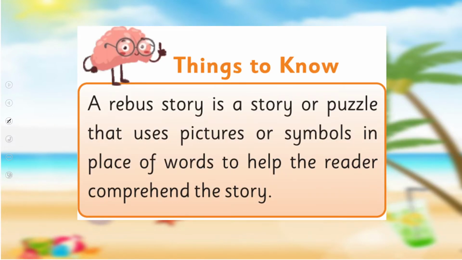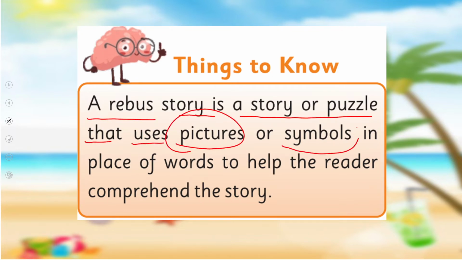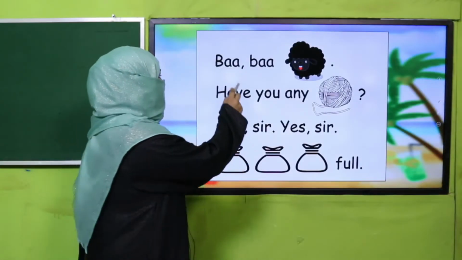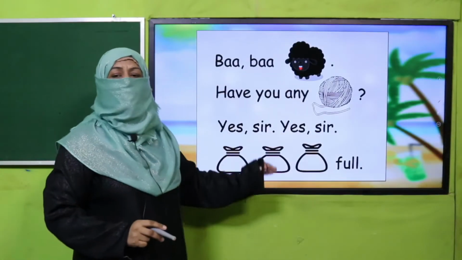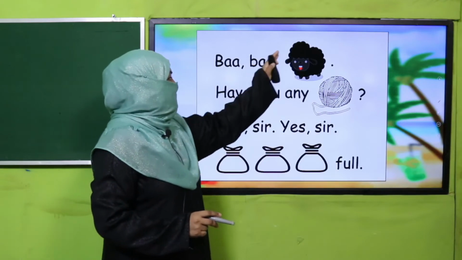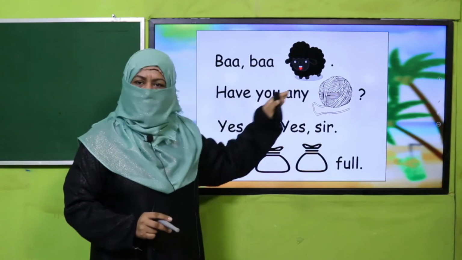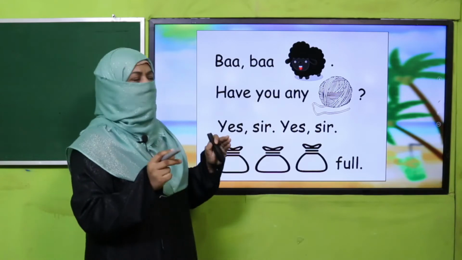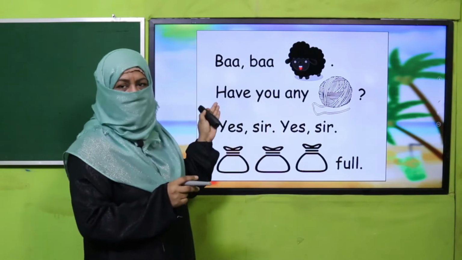A rebus story is a story or puzzle that uses pictures or symbols in place of words to help the reader comprehend the story, like this. Now you see there are a few words and a few pictures. So in the place of the picture, you will put words and it will become a story. Whatever the text missing is, it will complete it.